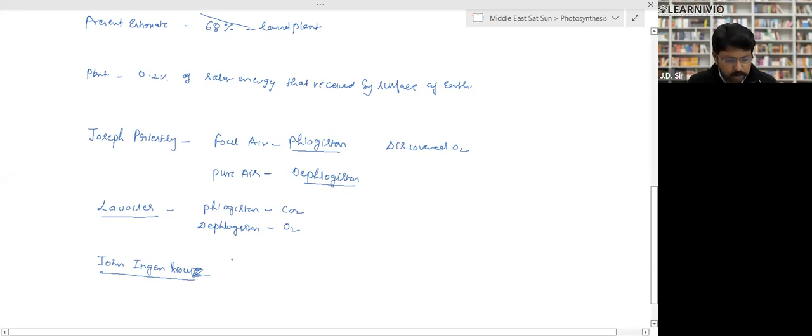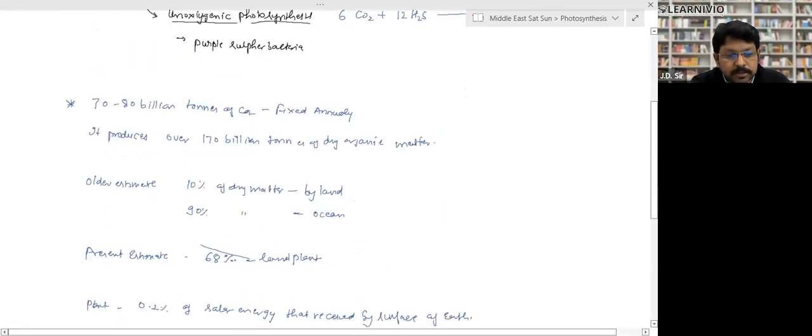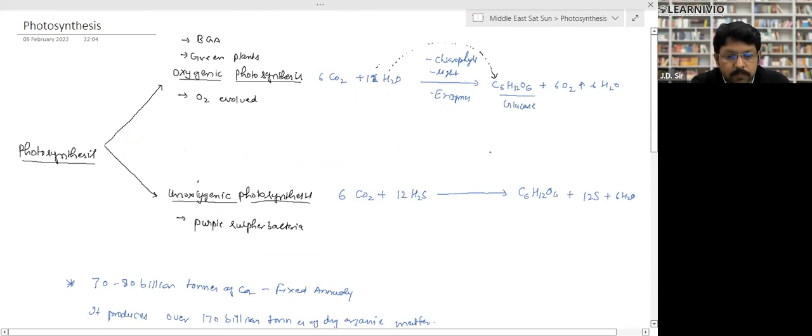Right. So oxygenic photosynthesis I told you. Next, where does the photosynthesis take place? Structure of chloroplast. I have already discussed the structure of chloroplast, but I would like to remind you once again.